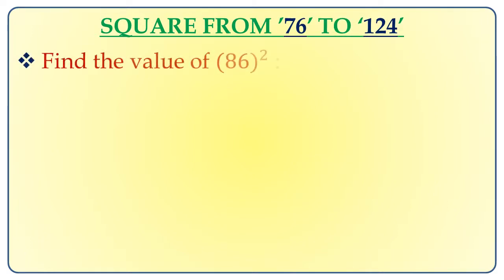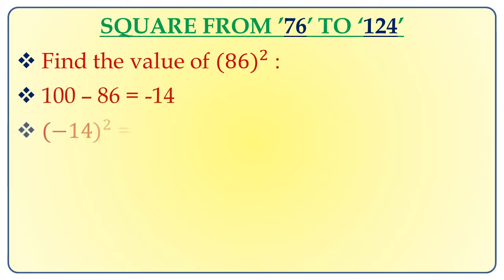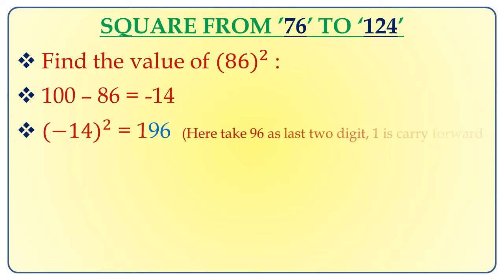We take one more example. Find the value of 86 square. As you see, 86 is less than 100. So the difference will be negative. And the difference is minus 14. So minus 14 square is 196. So we take only 96 as the last 2 digits of the answer, and 1 is carried forward.